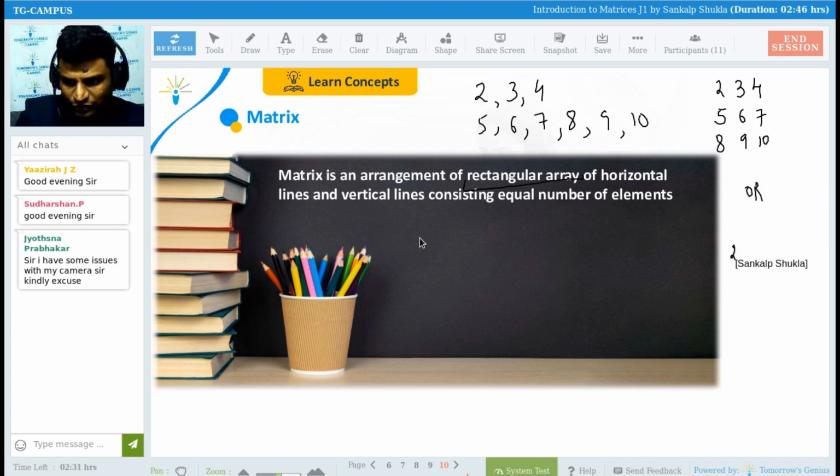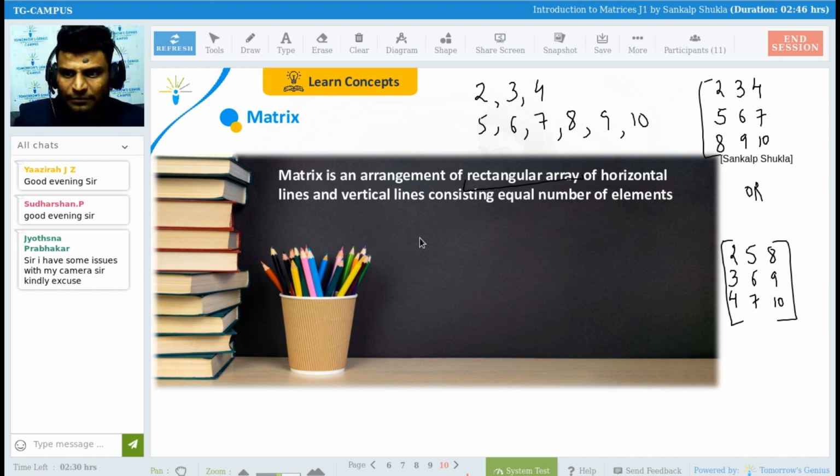Or I can also write it like 2, 3, 4, 5, 6, 7, 8, 9, 10. So I have written these 2 arrangements, right? So these are matrices, right?